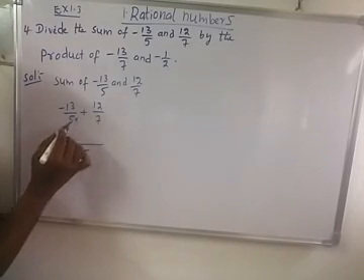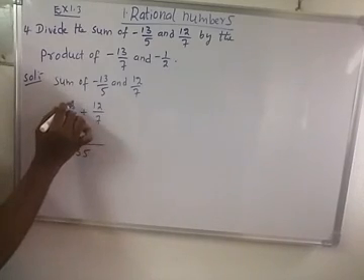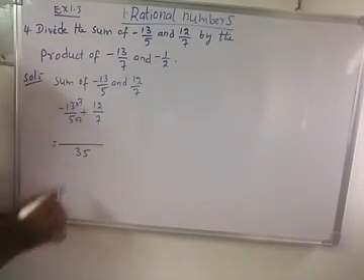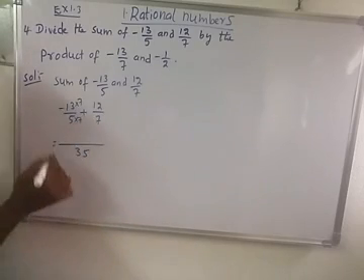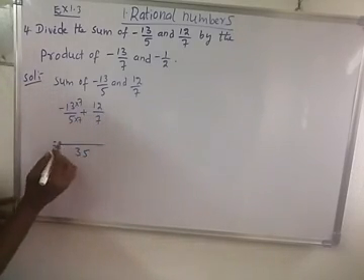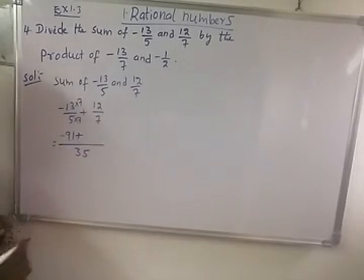Now 5 is multiplied by which number to get 35? By 7. So the numerator is also multiplied by 7. 5 sevens are 35, 13 sevens are 91, so minus 91 plus.